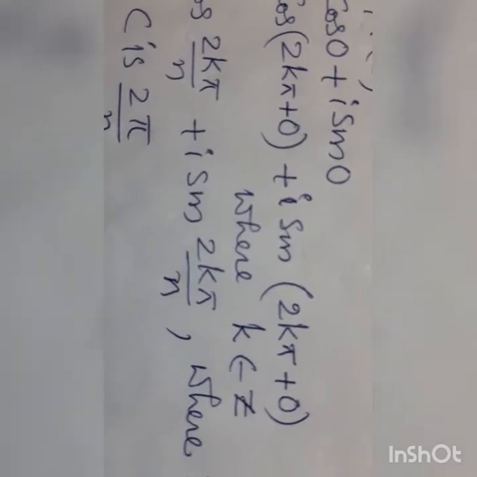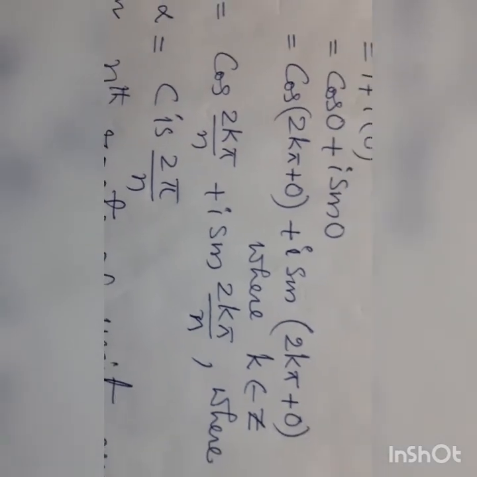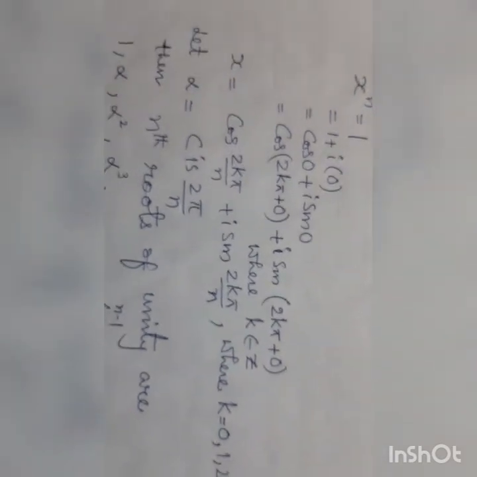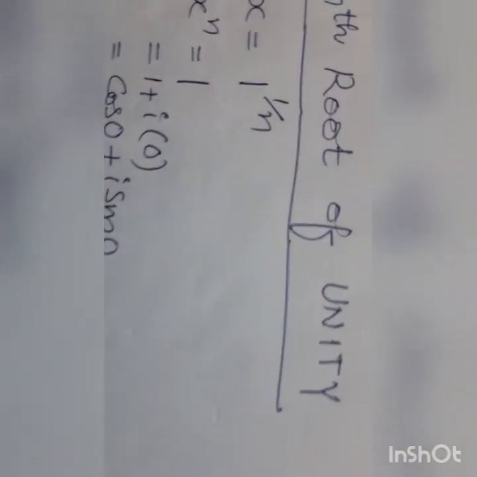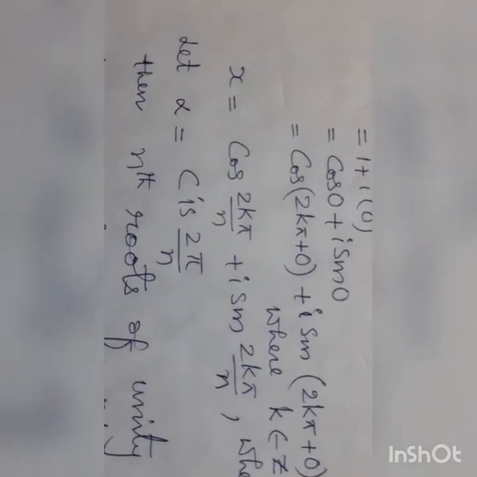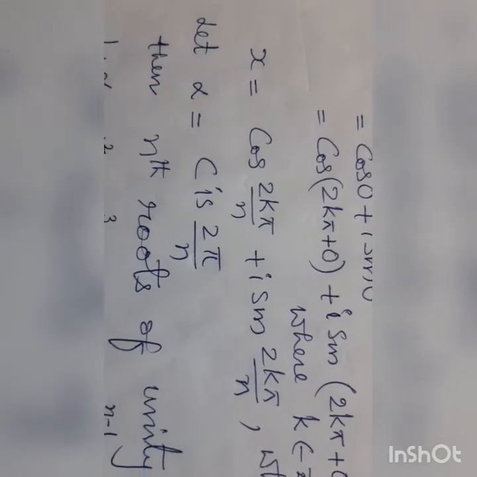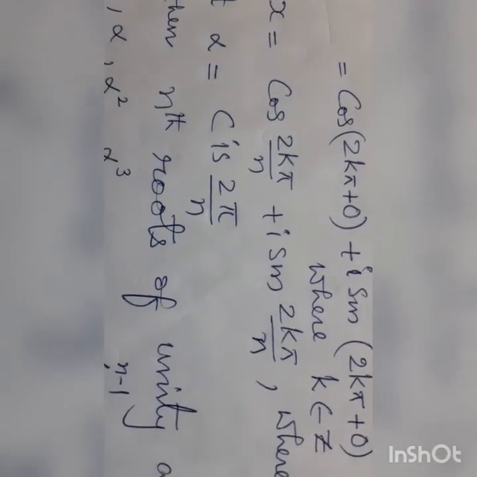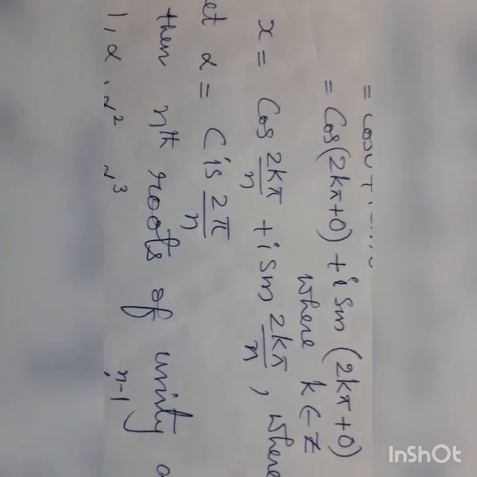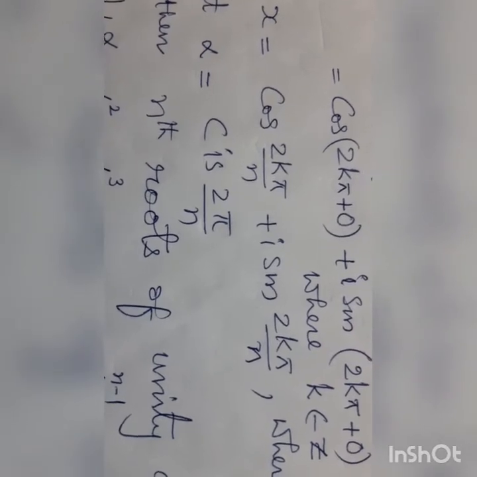You should mention that k belongs to Z. According to De Moivre, x to the power 1/n is cos 2kπ/n plus i sin 2kπ/n.